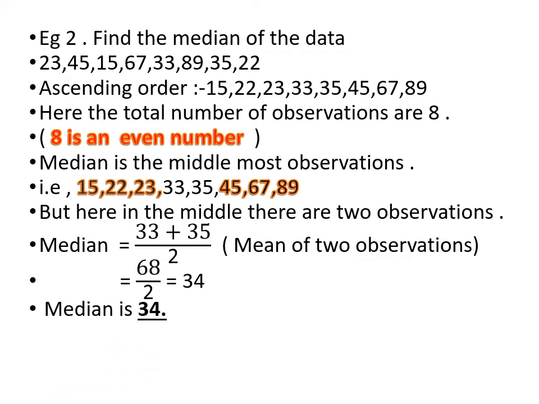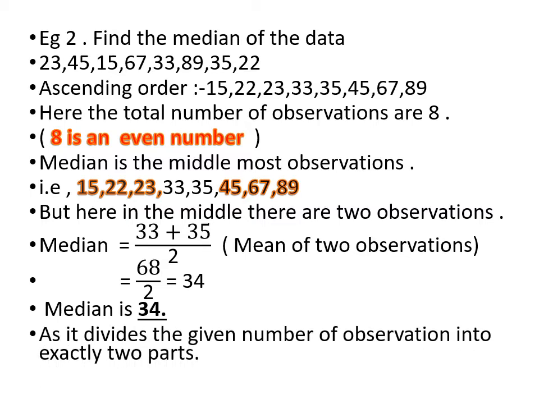Now therefore here the median is 34, as it divides the given number of observations into exactly two parts. This is how to calculate the median when the given number of observations is even. We have to take the middlemost two observations and then add those two observations, divide it by 2, we will get the median.